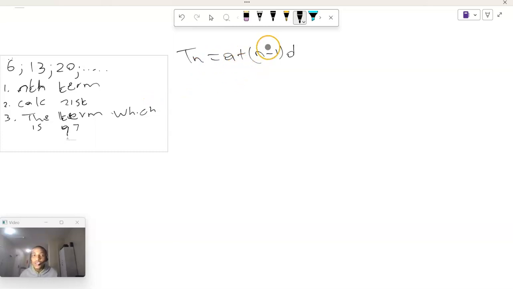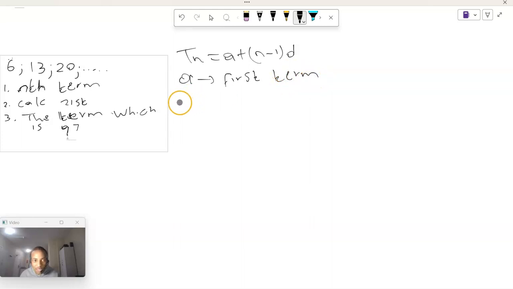On this equation, the important things you should know are what a stands for, what d stands for, and what n stands for. So our a stands for the first term of the sequence, right?